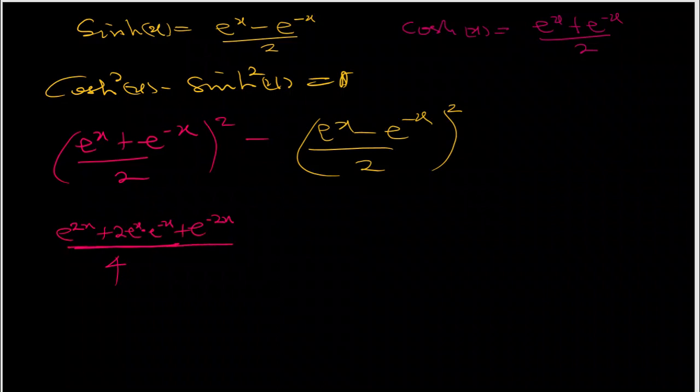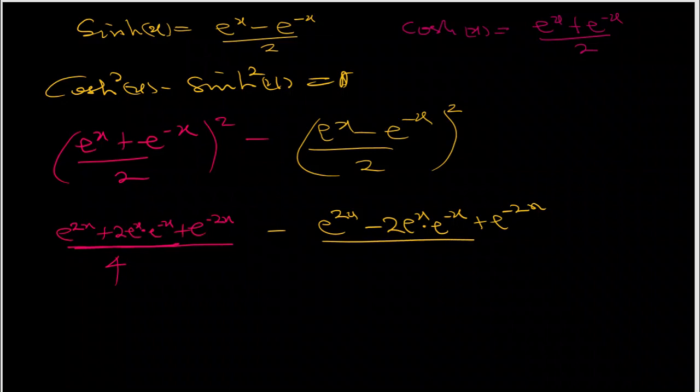Then for the sinh, we are going to have e to the power 2x minus 2 multiplying e to the power x times e to the power minus x plus e to the power minus 2x all over 4.